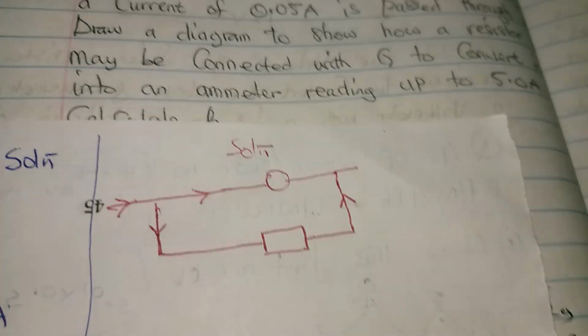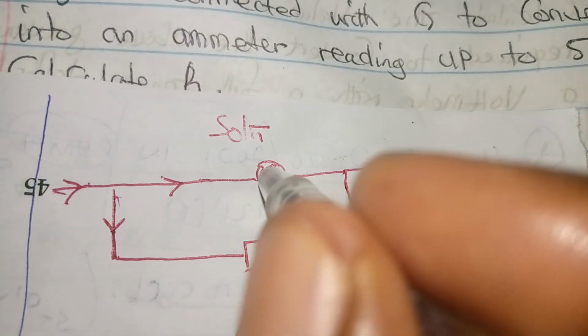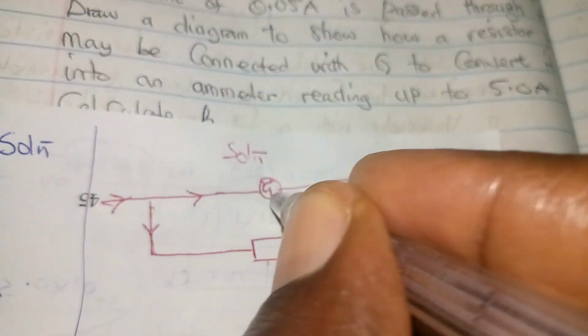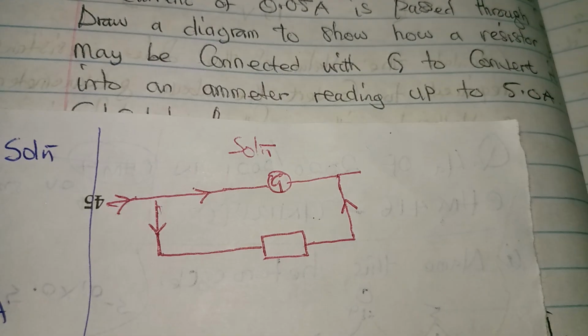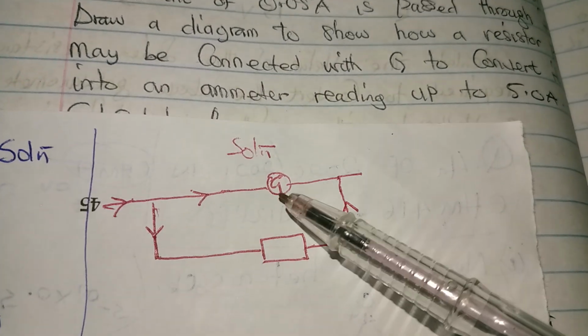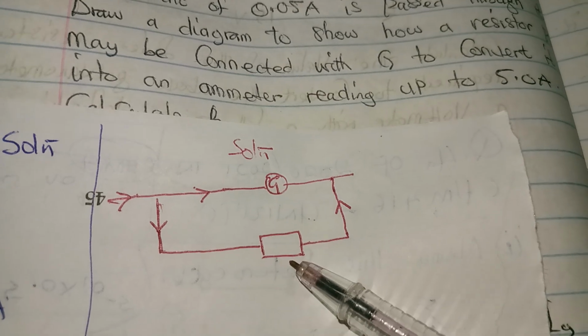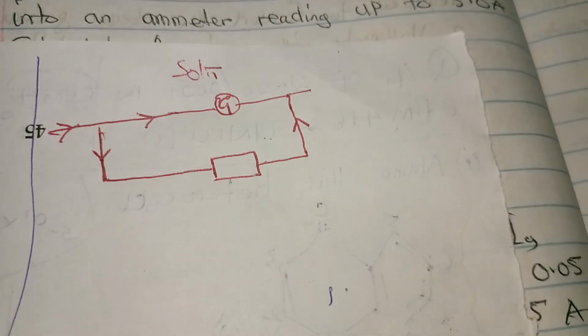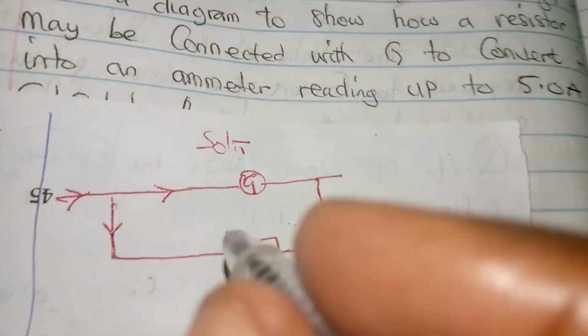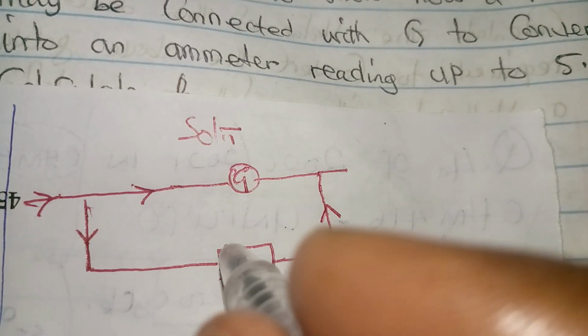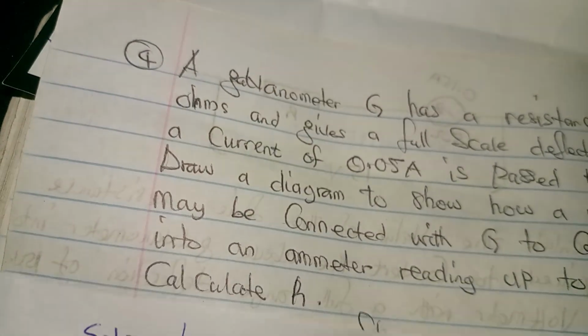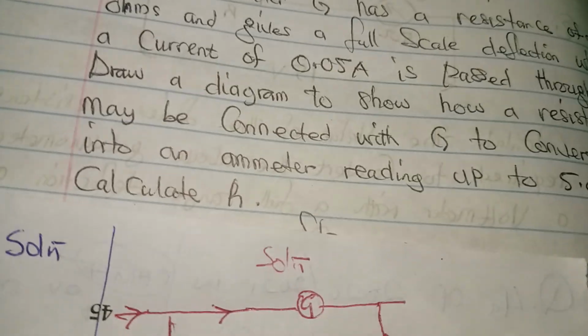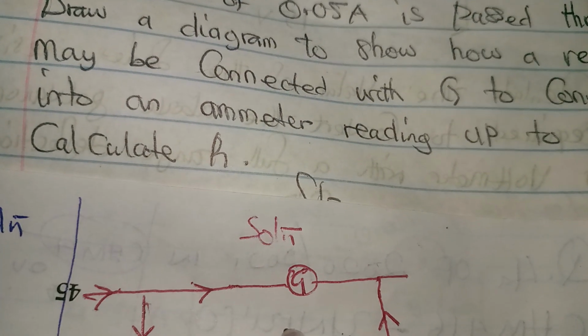So in this case, the galvanometer is connected in parallel with the resistance, which is the shunt. I can choose to use S to represent my shunt, but since they are saying calculate R, I can use R.